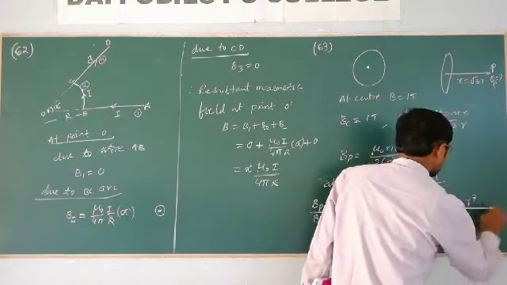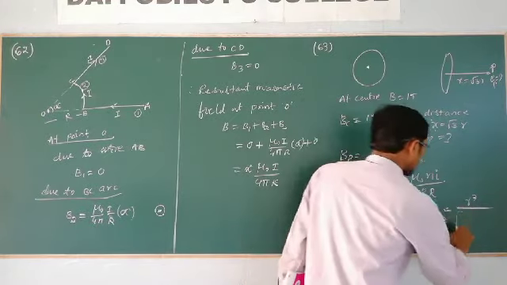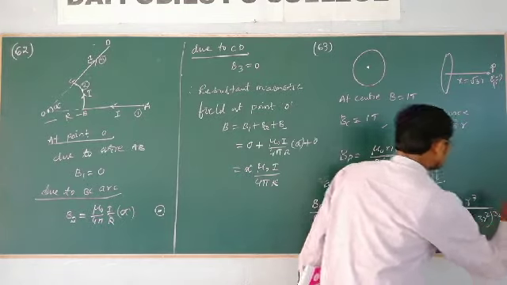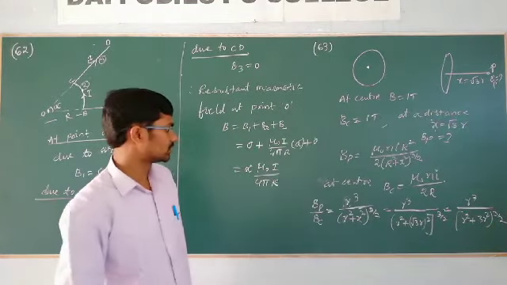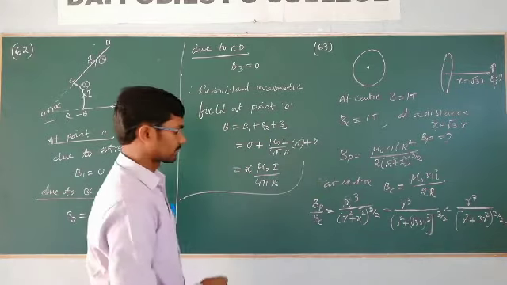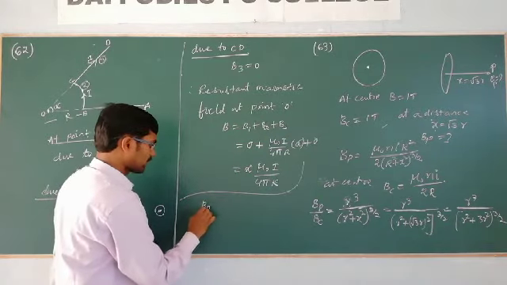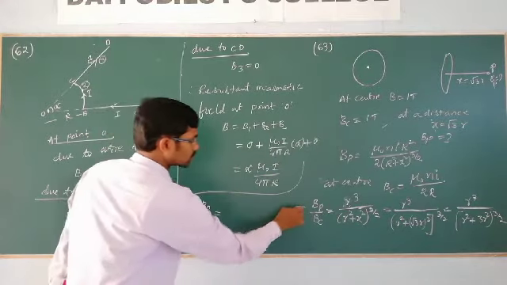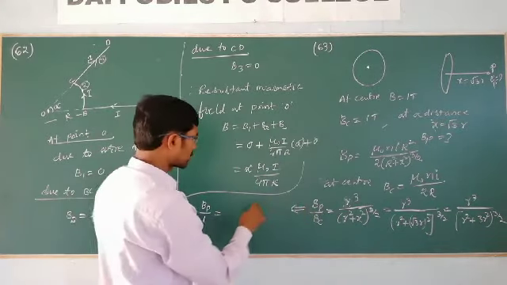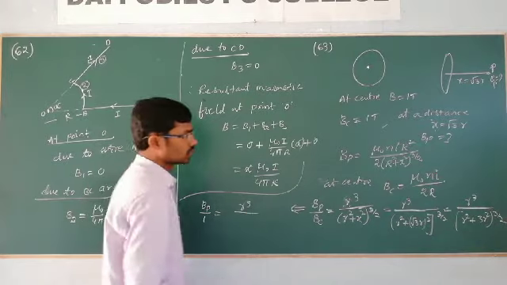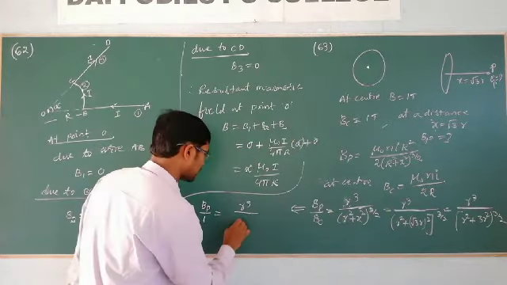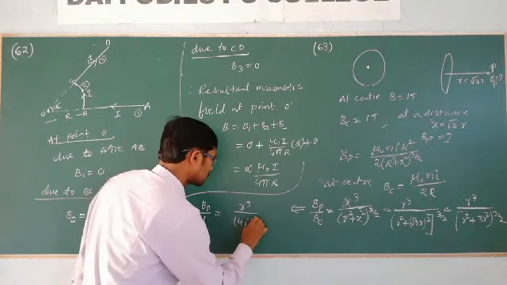That is r cube by r square plus 3r square whole power 3 by 2. Is it? Now what we get here? Magnetic field at point P by at center is 1 Tesla. That is equal to r cube by 4r square whole power 3 by 2.